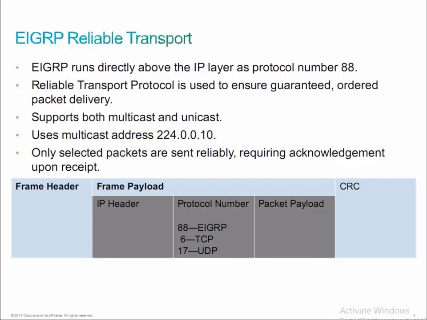Even though it's called the Reliable Transport Protocol, it's actually integrated into EIGRP. So there's not actually a spawning of a secondary protocol from EIGRP. RTP provides things like sequencing, acknowledgement numbers, and those sequence numbers, those acknowledgement numbers are carried inside of EIGRP. In fact, let me pull up the header for EIGRP.